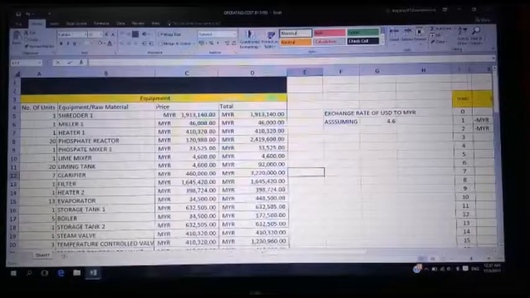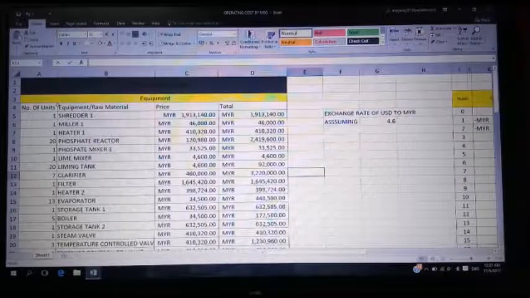Now we are going to look at costing. This is a list of equipment and its price that we need for this design. We have also put the number of units for each equipment needed to accommodate our production rate of 1.5 million tons of sugar cane per year.